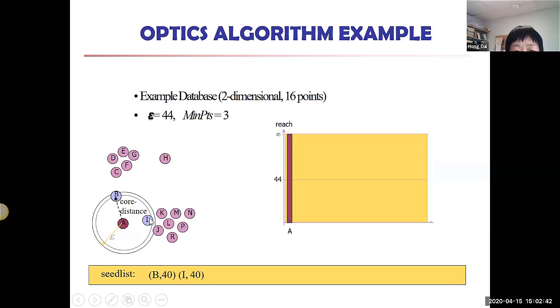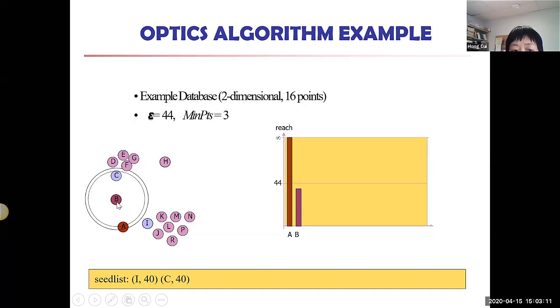Because this point is within this core distance, its reachability distance is the core distance, 40. So next, we're going to process B. We plot B here with reachability distance of 40. It becomes a bar here. Let's go to the next slide.